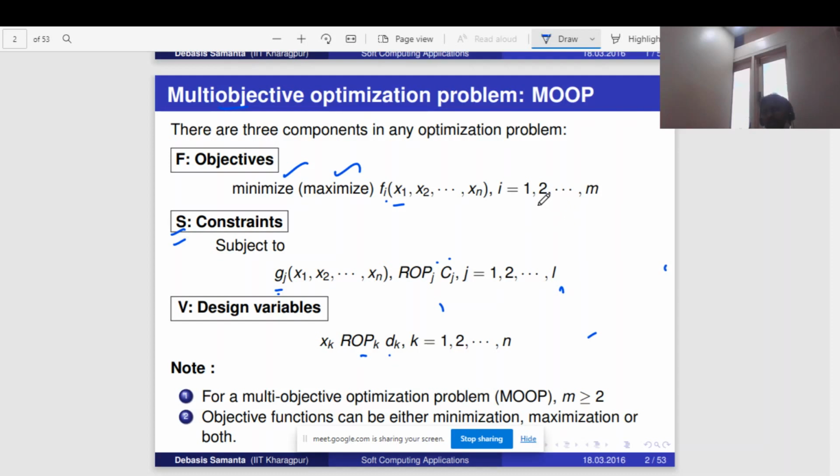For example, in the previous case we discussed that if r is less than 0.5, follow this rule. This is nothing but a design variable. If r is greater than or equal to 0.5, follow this rule. There is only one function there, but now we'll have many functions, and for each of these functions we'll have different constraints or different design variables.